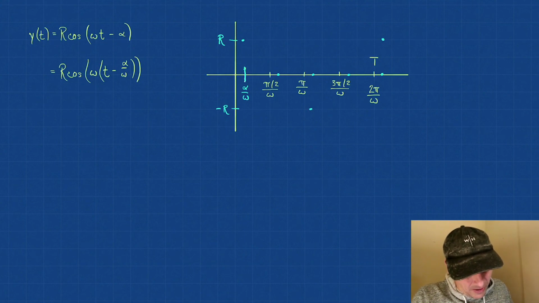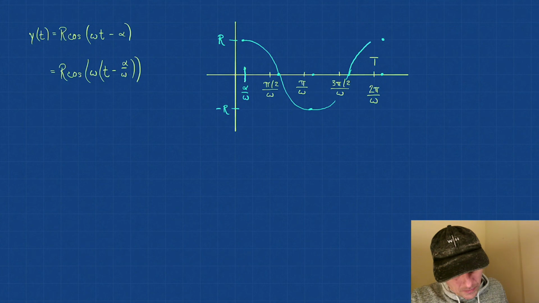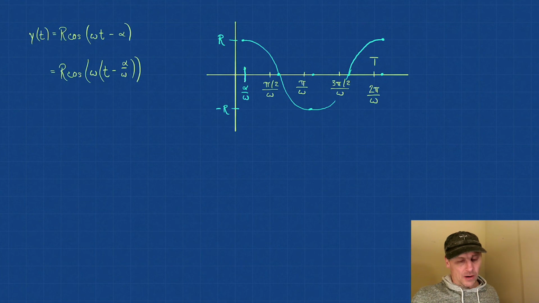And now my new curve looks like this. That is the new picture, or the general picture, of y of t equals r cosine omega t minus alpha.